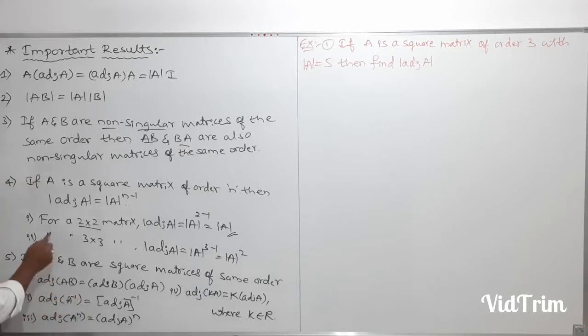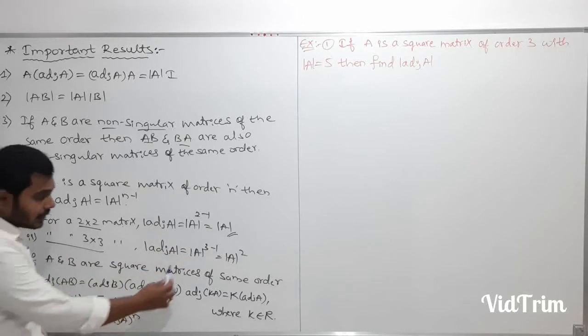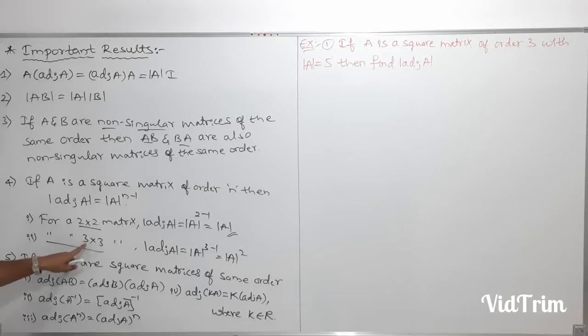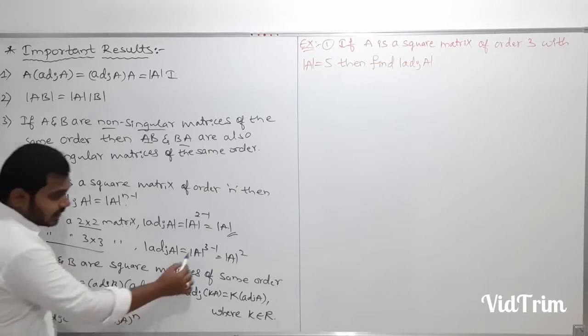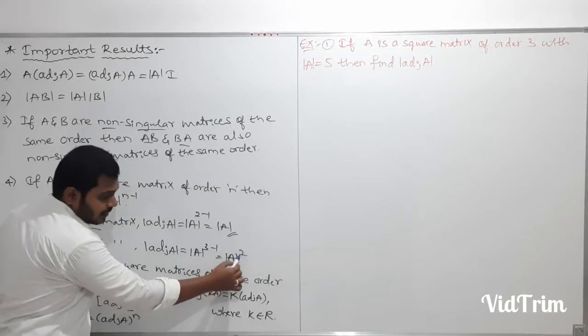Now, if a matrix is of the order 3 cross 3, then determinant of adjoint of A is equal to determinant of A whole to the power n minus 1. The n value here is the order of the matrix, that is 3, so 3 minus 1. Therefore the value is determinant of A whole square.